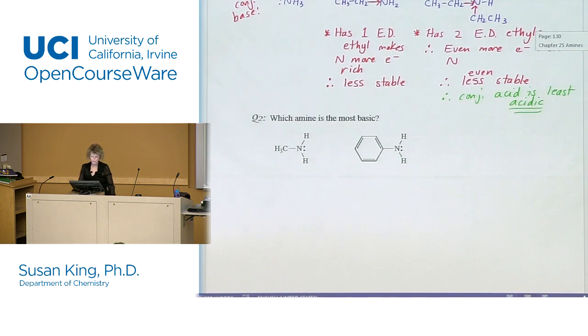Which amine is the most basic? First one or second one? I'm hearing more first one. Let's look and see what we have here. This methyl is an electron donating group, EDG for electron donating group. That makes nitrogen more electron rich.